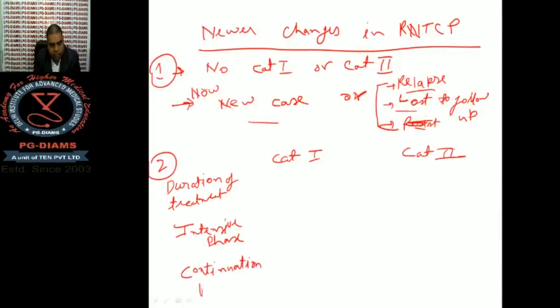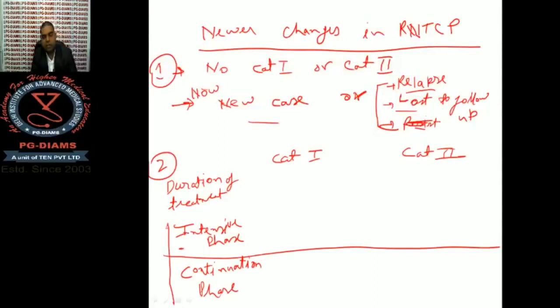Why intensive phase and continuation phase? Because in the intensive phase you give more number of drugs, and in the continuation phase you give fewer drugs. During the intensive phase you need to give intensive treatment to stop the multiplication of tubercular bacilli rapidly. That's why you give more drugs in the intensive phase.